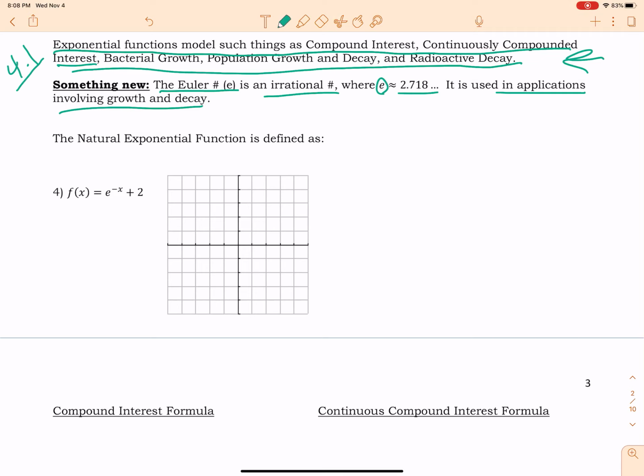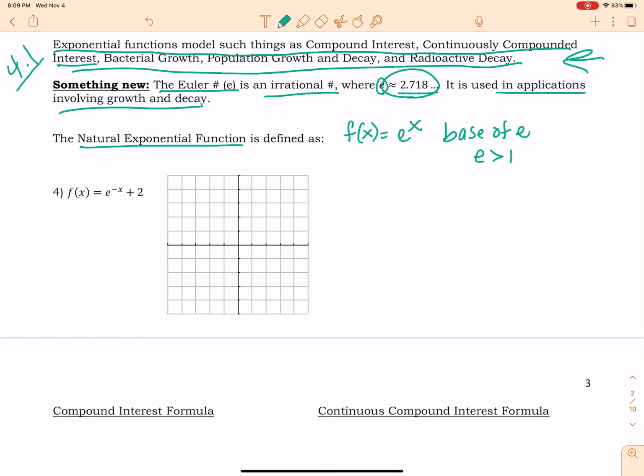So before we get started, let's look at a natural exponential function defined this way: f of x equals e to the x, and obviously we are in a base of e. Since the Euler number is 2.718, e is greater than 1.